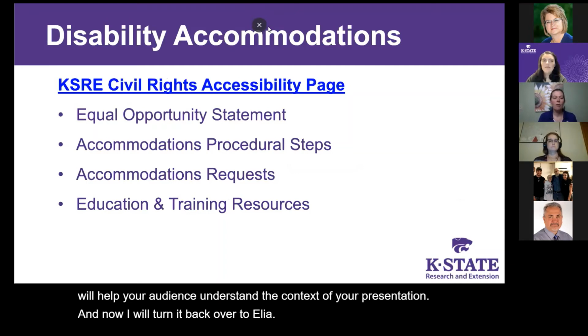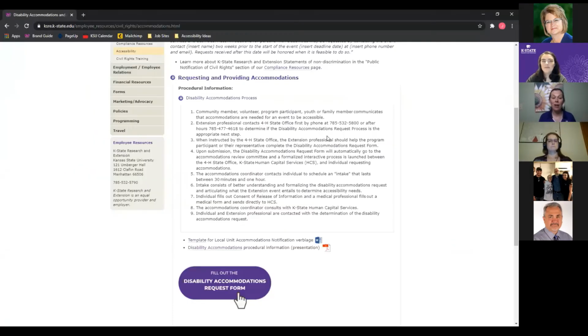You'll be able to see our equal opportunity statement that needs to go on different marketing materials and the procedural steps to take to go through the accommodations process and to be able to be part of supporting the accommodations request. So we're going to go ahead and just take a little look here at the website.